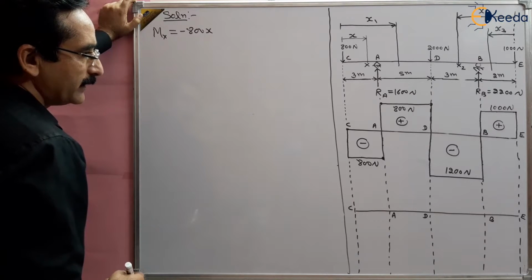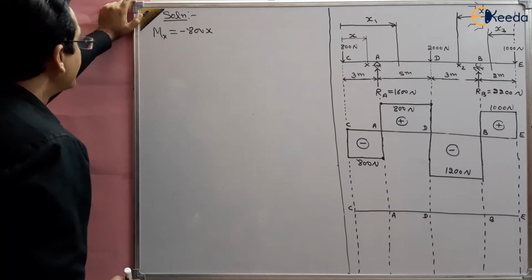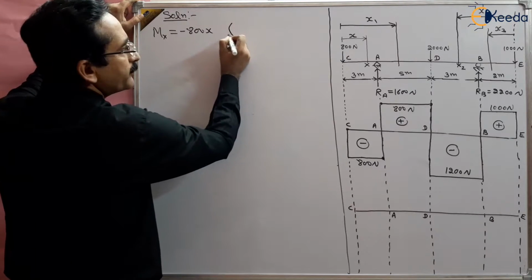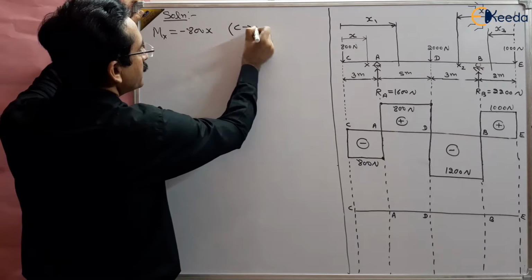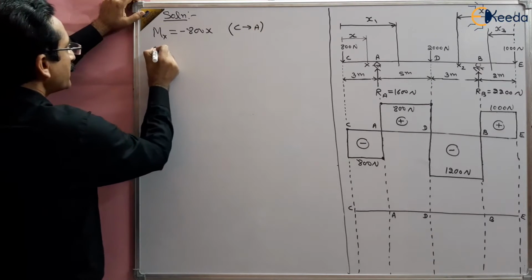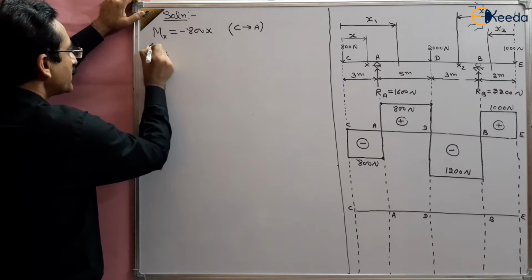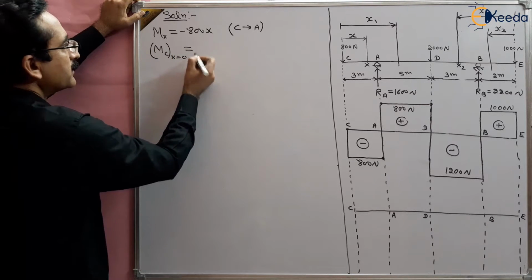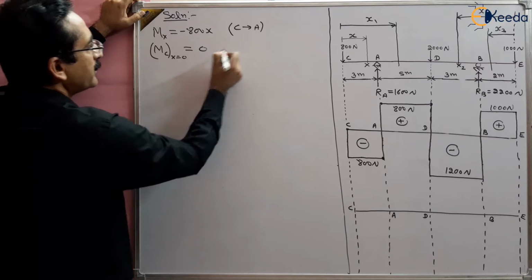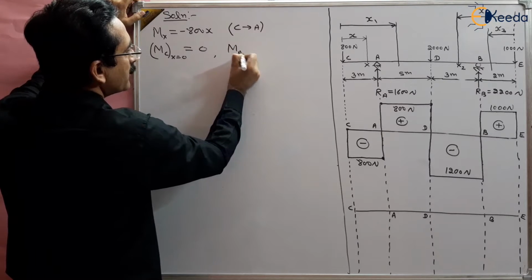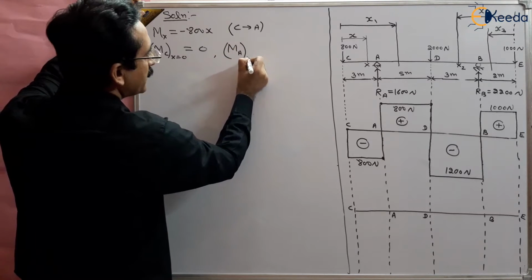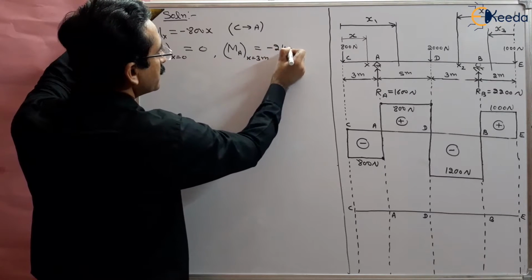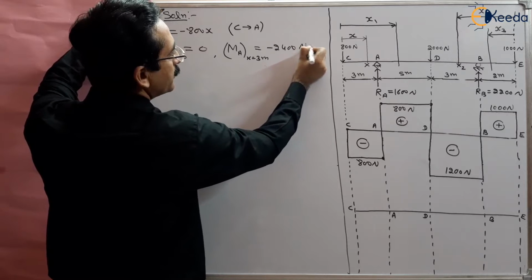So minus 800x, and it is valid between C and A. So what will be the value at C, where x is equal to 0? This will be 0. And what will be the value at A, where x will be 3 meters? So this will be minus 2400 Newton meter.